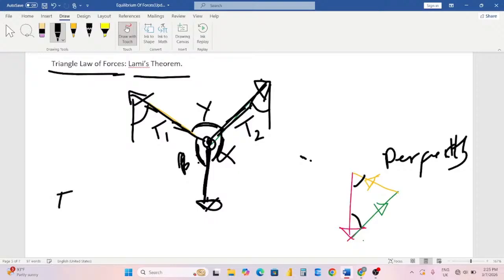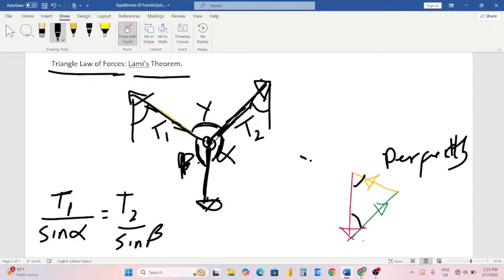The first one will be T1 over sine alpha. The second one will be T2, and the beta is facing T2, so that will be sine beta.